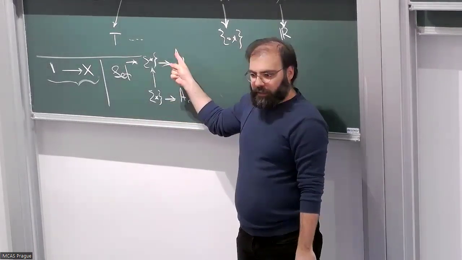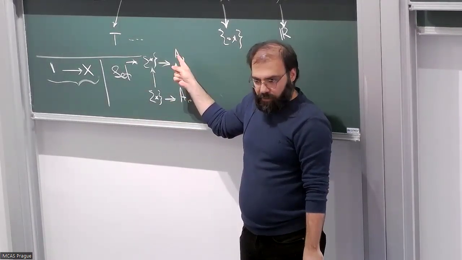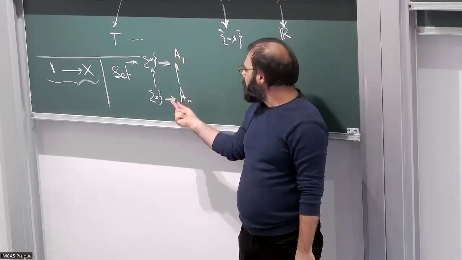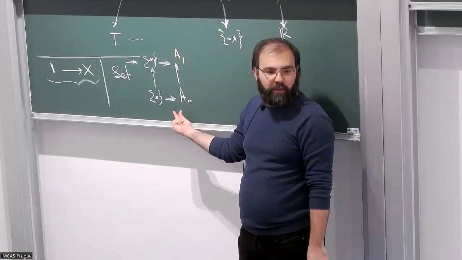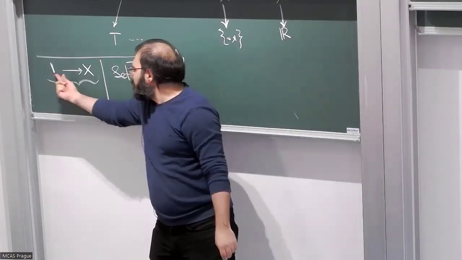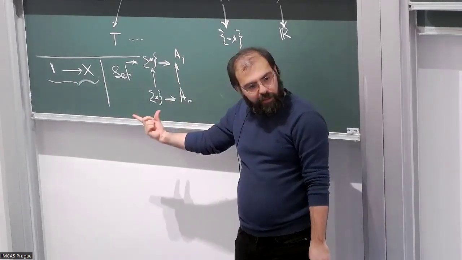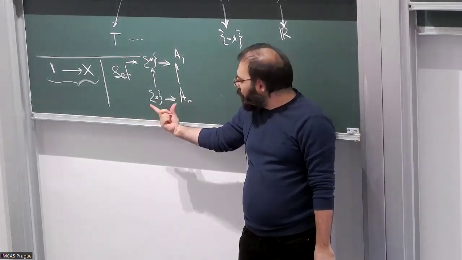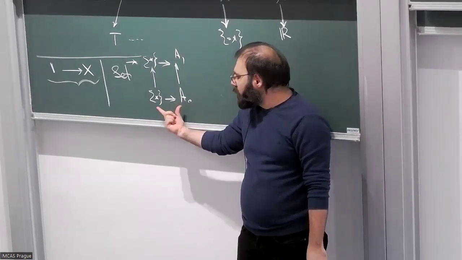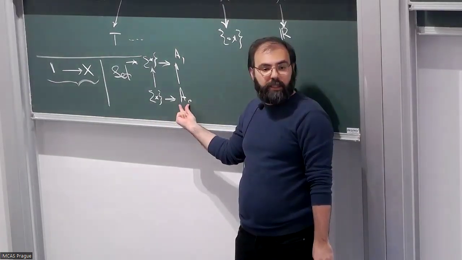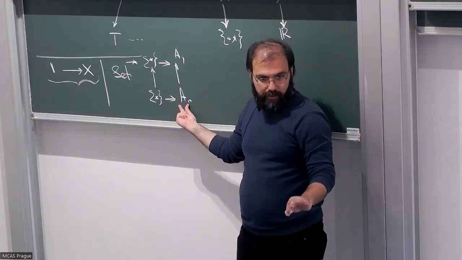So therefore, the data here is just redundant, right? The only thing is just one element here. So maps from 1 to X in this category are in one-to-one correspondence with the elements of the 0 set.